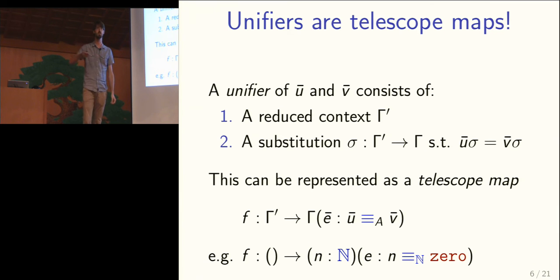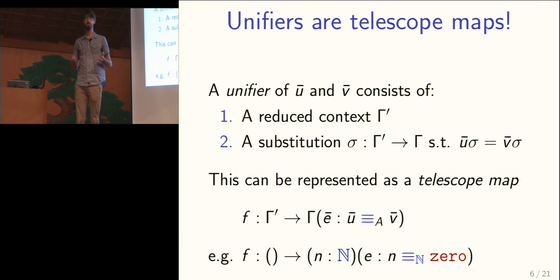This is just a function between two telescopes, from gamma prime to the extended telescope gamma and E. This means this function not just returns the values of the variables in gamma, but also proves that these equations are actually true under this substitution. For example, gamma prime may be empty, and we may just solve the equation n is 0 by assigning 0 to n and reflexivity to the proof E.